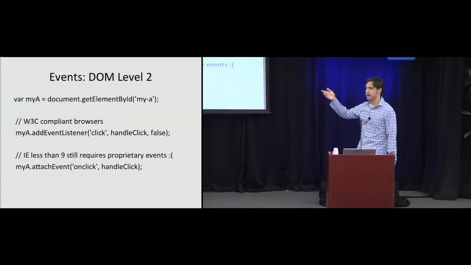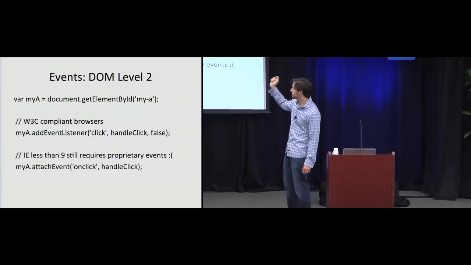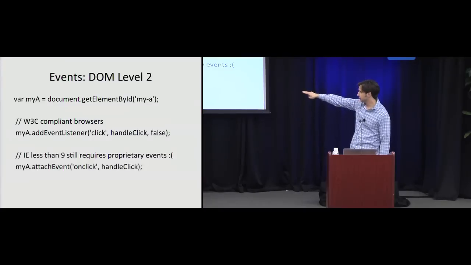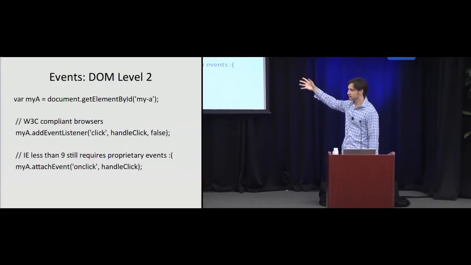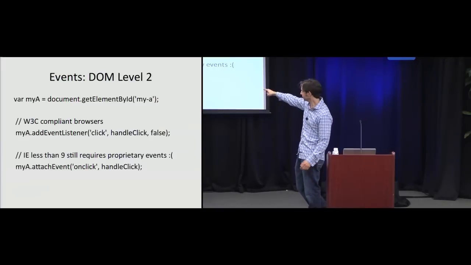The difference, though, is that IE actually didn't implement the DOM's recommendation for the event model. So here we have a reference to an element. The W3C says addEventListener. You have an event type, you have a function that you're going to call, and then the false, which we'll talk about later. IE had this model of attachEvent. With both of these, you could assign multiple listeners to the same element.